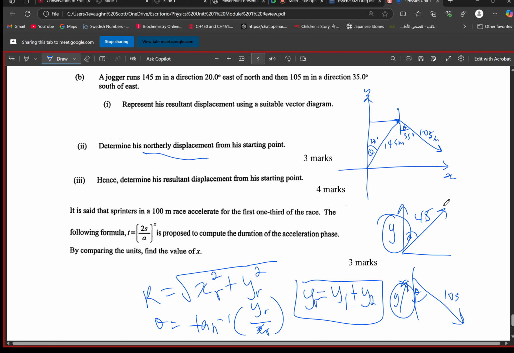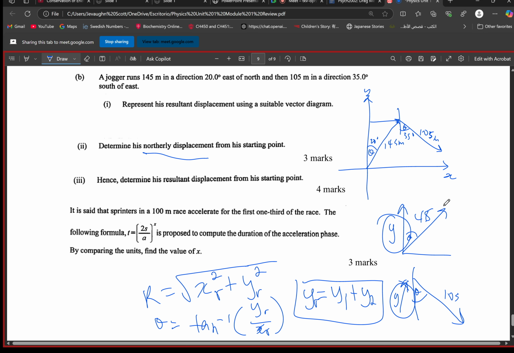The last part of this question should be easy. It is dimensional analysis. So all you have to do here is make x the subject of the formula, after having all the other units in their dimensions.